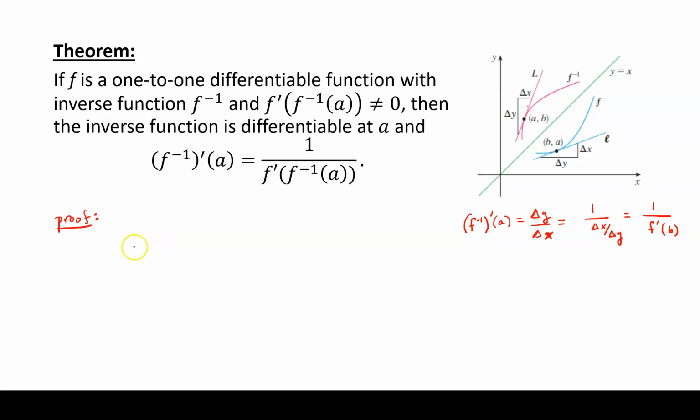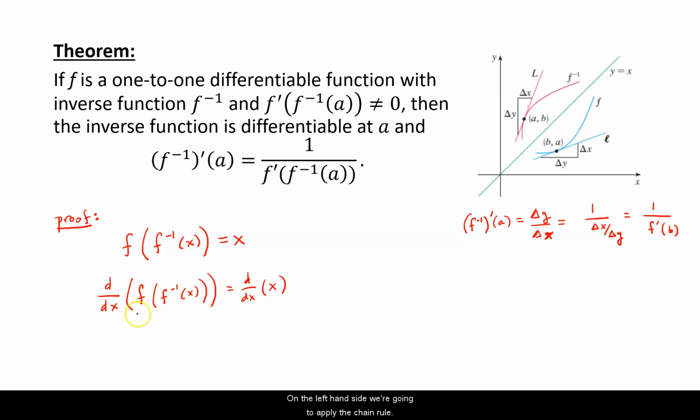So in particular, we know that if I do the composition f composed with f inverse of x, this should equal x. And therefore, if I apply the derivative to both sides of this equation, on the left-hand side, we're going to apply the chain rule.